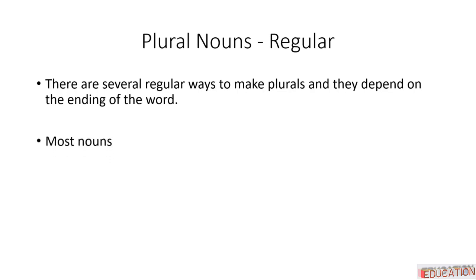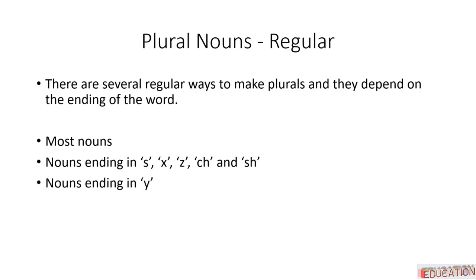So most nouns have one particular form. Nouns ending in S, X, Z, CH and SH have a particular form. Nouns ending in Y have a particular form, as do nouns ending in F or FE.